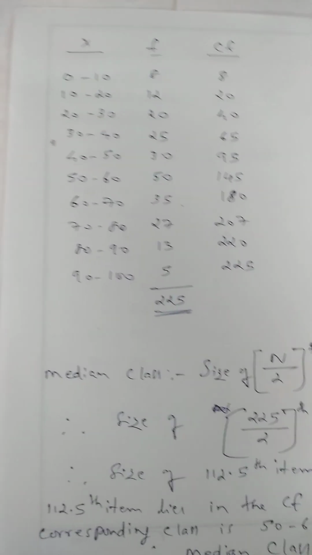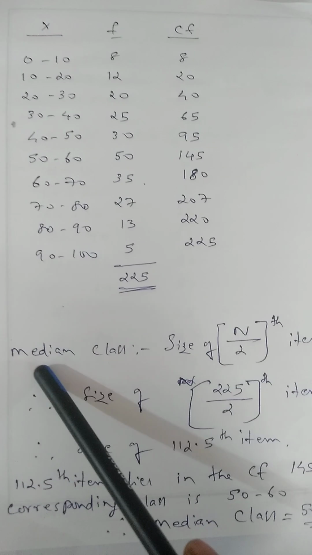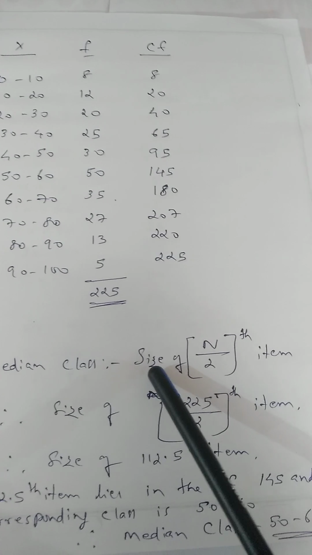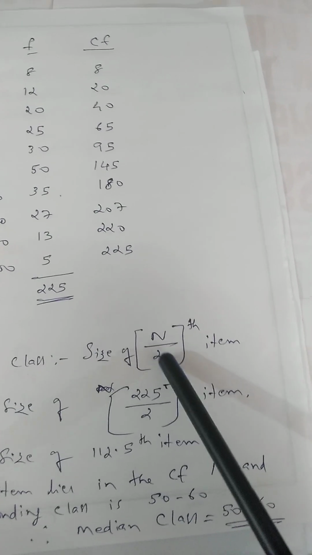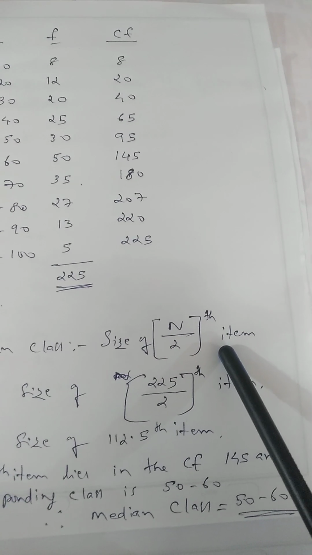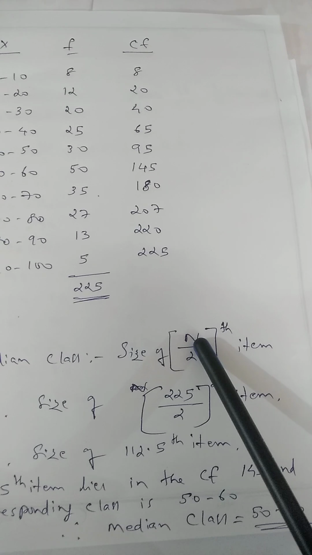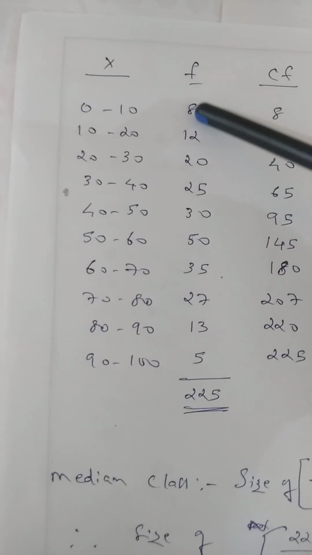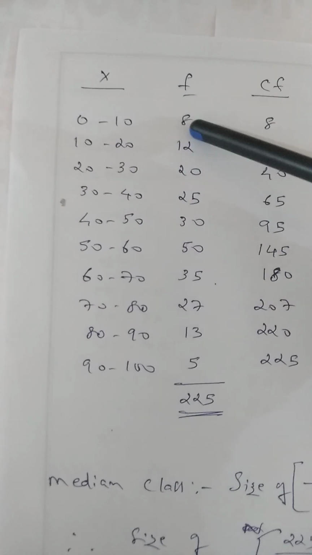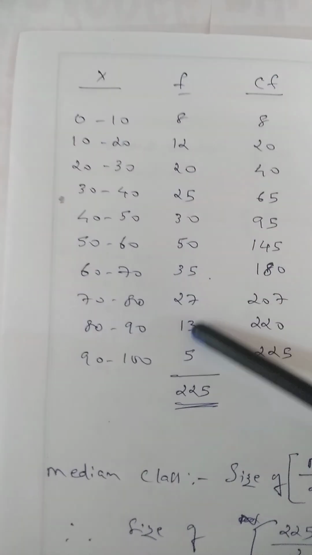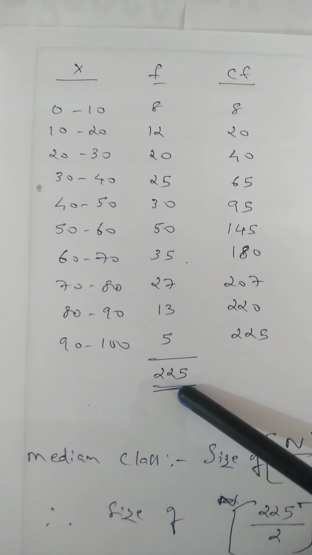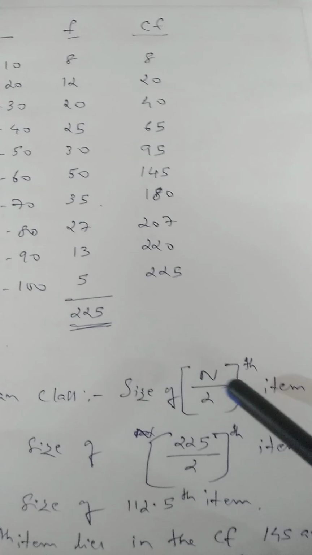What's the formula to find a median class? Median class is equal to size of n by 2th item. N means total of frequency. Here the frequency column is here. Just take the total of this frequency column, then you will get 225, which is the value of n.